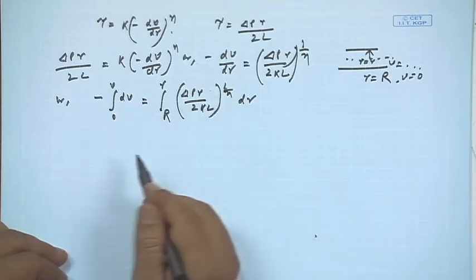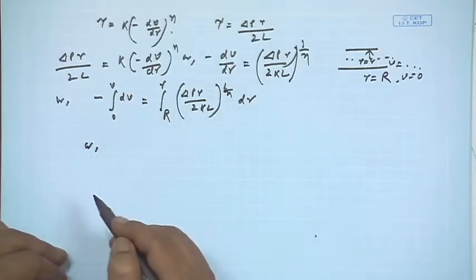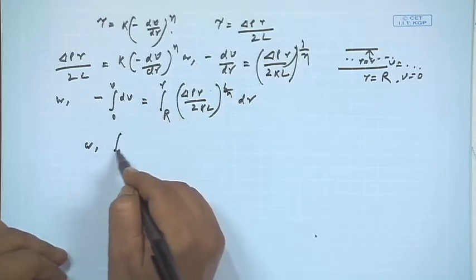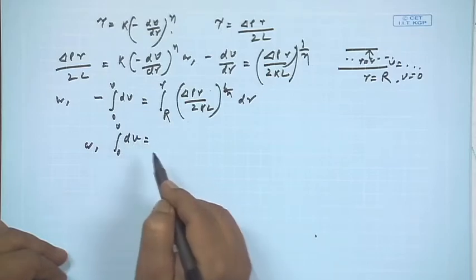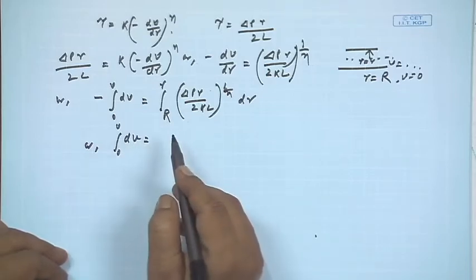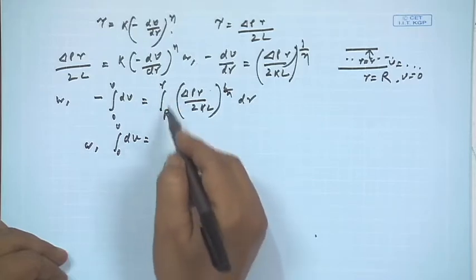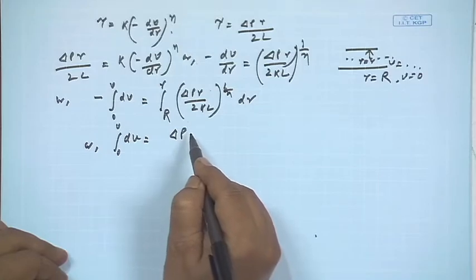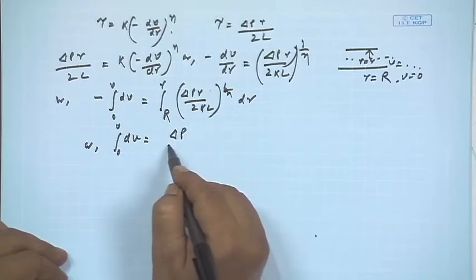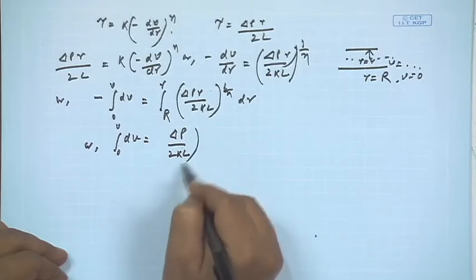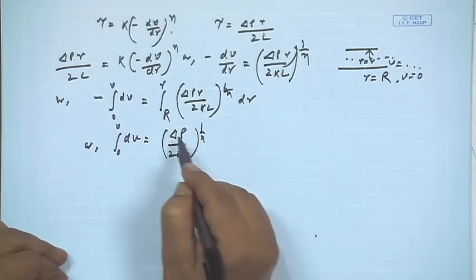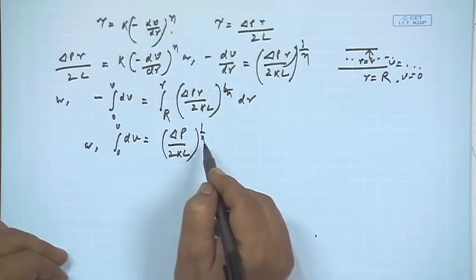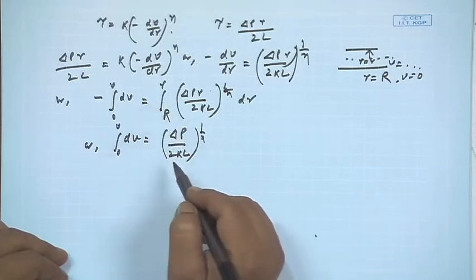If we take this, we can write further that the negative we can take care of by changing the limits, so integral 0 to V of dV, and (delta P by 2 k L) whole to the power 1 by n. Delta P is constant, k is constant, 2 is constant, L is constant, n is constant, independent of r.